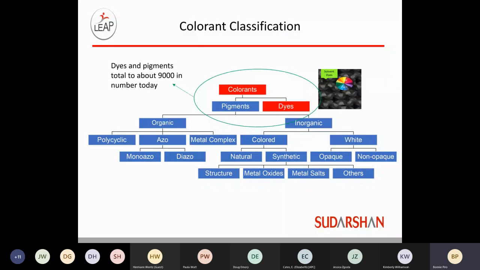So a little fun fact: between dyes and pigments, there are about 9,000 in total in number today from a commercially active aspect.